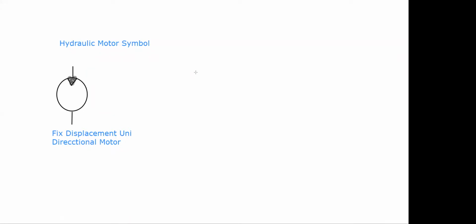another symbol of this hydraulic motor, which is fixed displacement bidirectional. And this is the bidirectional. Then again, we are going to add this triangle here.